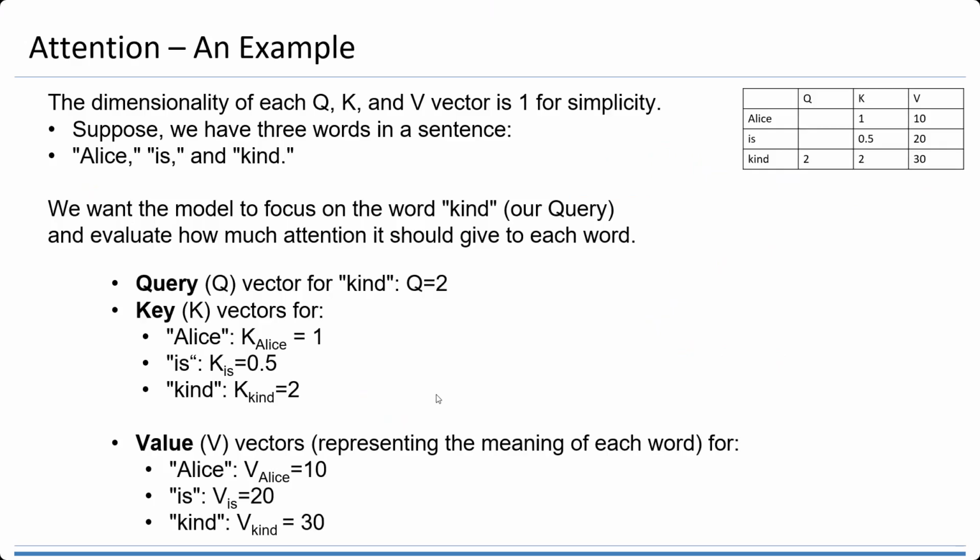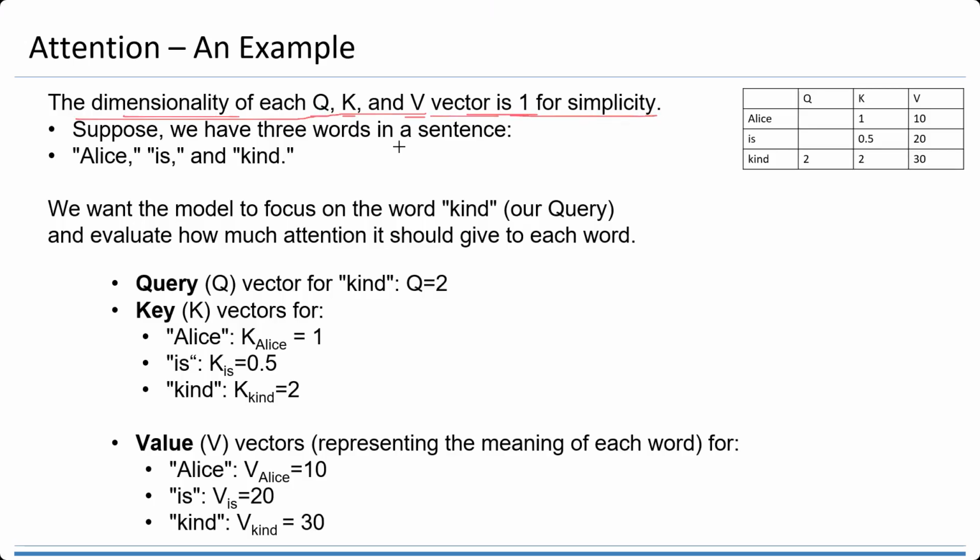Let's see an example. I think it's difficult to understand the theory, so let's look at an example. Now I have Q, K, and V. The dimensionality for each of them, let's say it is 1. The length of the vector is 1, just for simplicity.